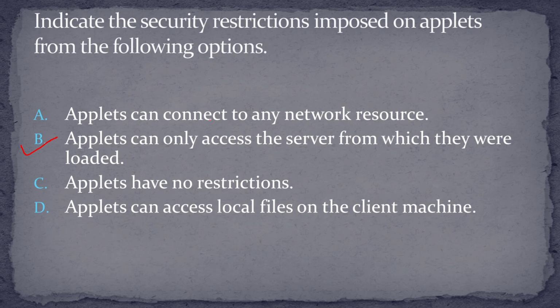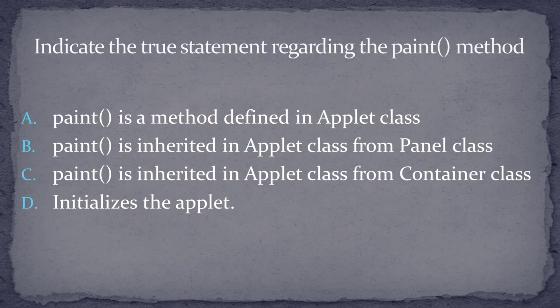Applets have a good number of restrictions compared to a standalone Java program. Okay, so let's move on to our next question, which asks the true statement regarding the paint method. The paint method is inherited in applet class from container class, right?